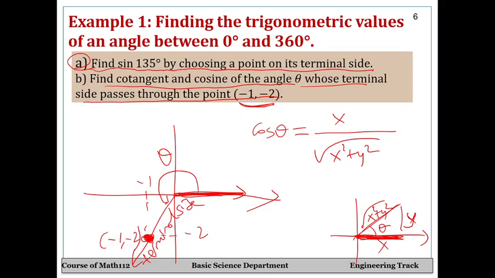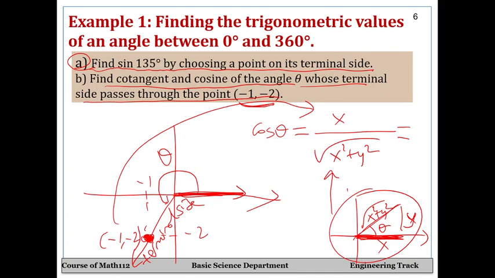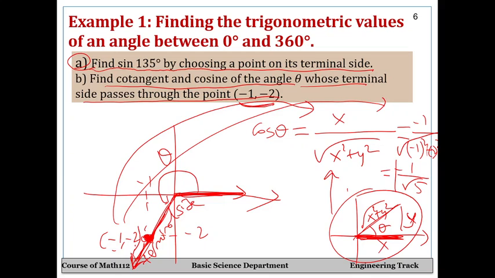Now we apply x and y from the actual point on the terminal side of theta, which is minus 1, minus 2. So it will be minus 1 divided by the square root of minus 1 squared plus minus 2 squared. Take the square root, and it will be minus 1 over square root 5.